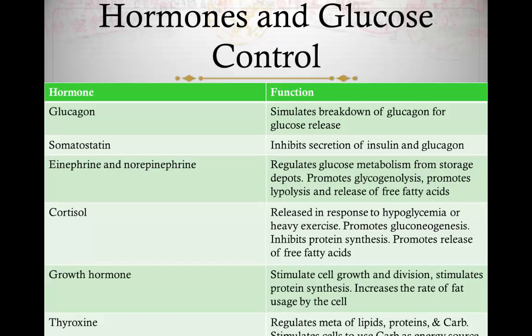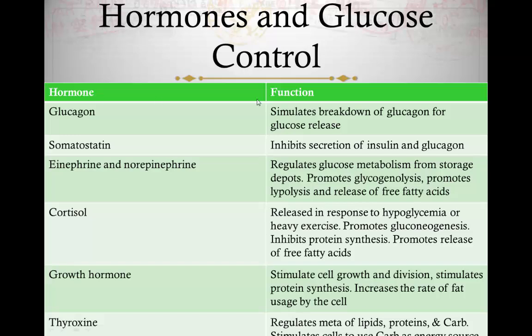You have the catecholamines released by the adrenal medulla, which regulate glucometabolism and also promote glycogenolysis and lipolysis. Cortisol is released in response to hypoglycemia as well as heavy exercise. Remember that cortisol comes from the adrenal cortex and promotes gluconeogenesis.